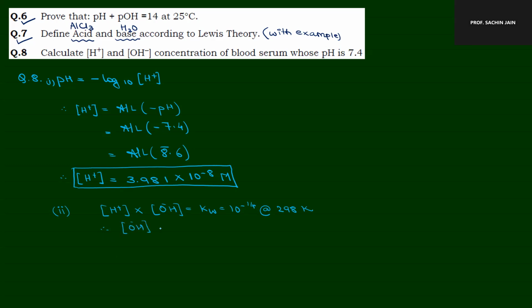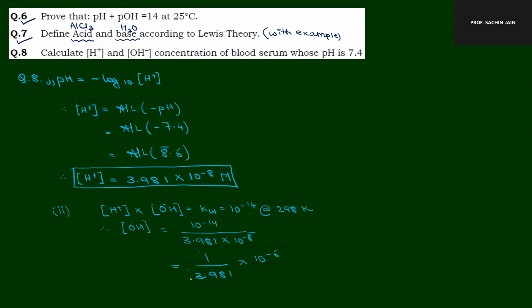Now the OH minus is to be found as 10 raised to minus 14 divided by 3.981 times 10 raised to minus 8, which will be 1 upon 3.981 into 10 raised to minus 6.